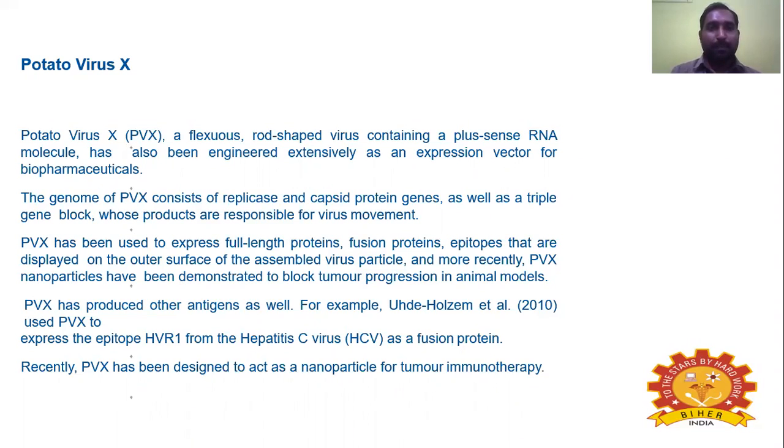It consists of replicase and capsid protein genes and the triple gene block, which is responsible for its movement. PVX has produced other genes as well, listed here, like HVR1 and hepatitis C viruses, and other important things.